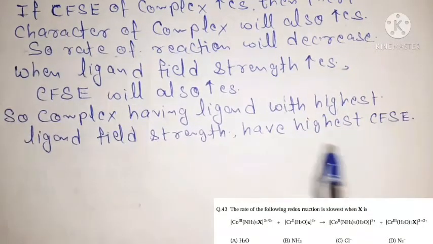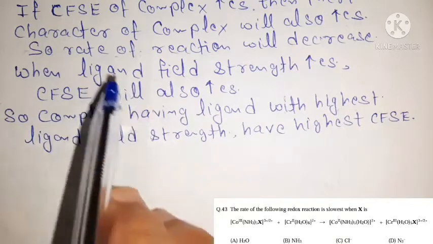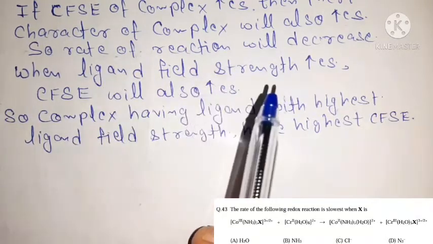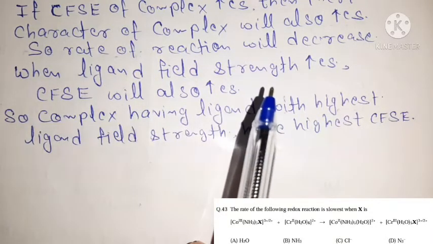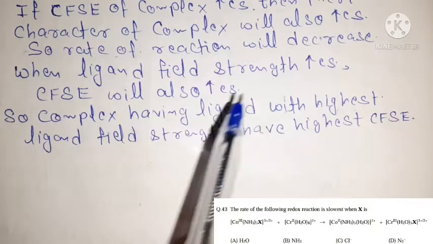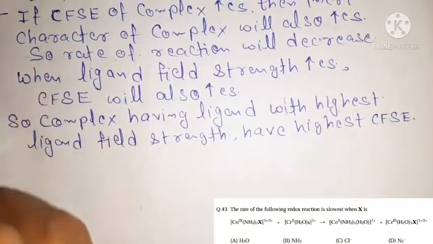And when complex has highest CFSE, its rate of reaction will be lowest. Okay friends, so this is the complete concept.